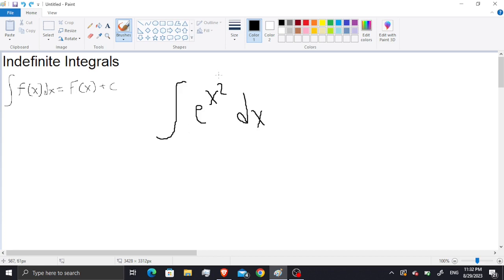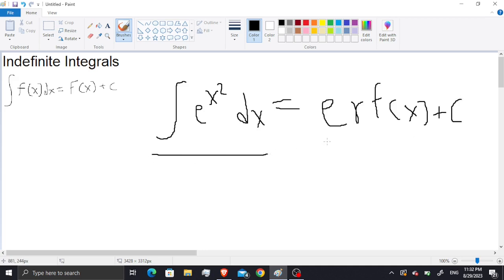But it's important to realize that there are some integrals, more specifically like this one, that actually have their own functions. In this case, this one's the error function, or erf, of x plus c. We call these non-elementary integrals because their functions are non-elementary, like the erf function.